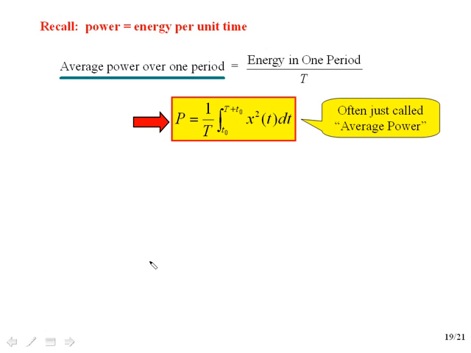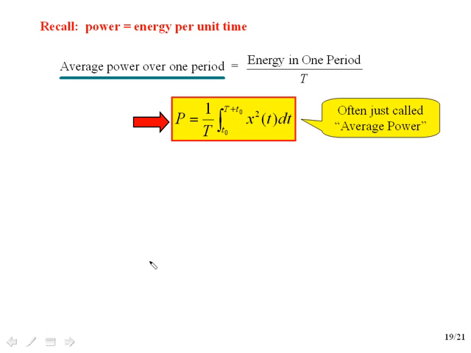We would take the total distance, so energy and distance are playing the analogous roles here. We would take the total distance and divide it by the time that we spent driving that distance. That would give us our average speed.